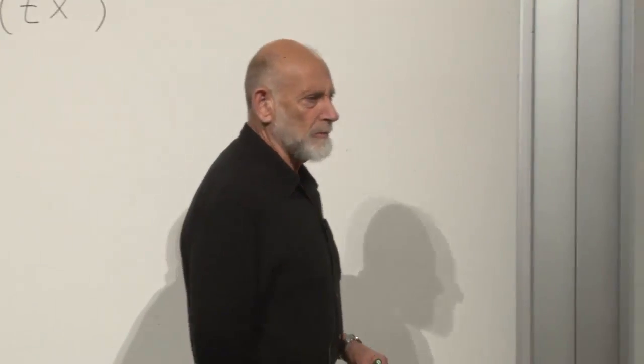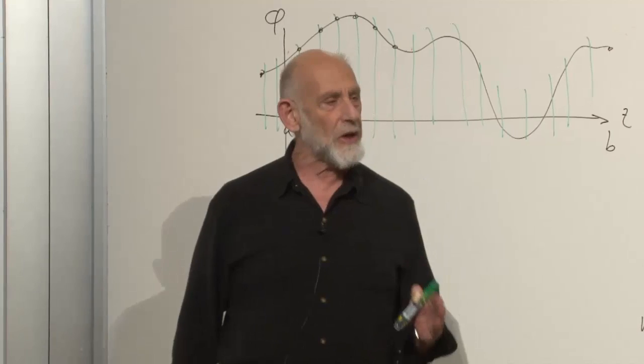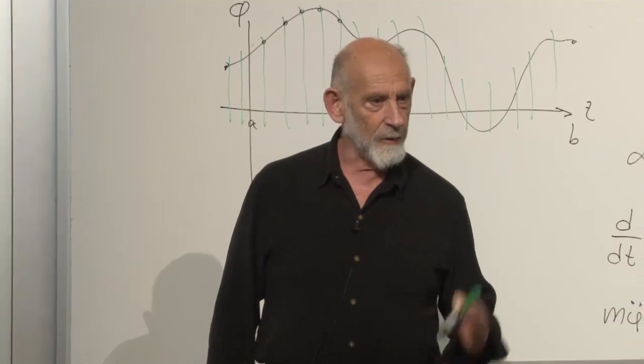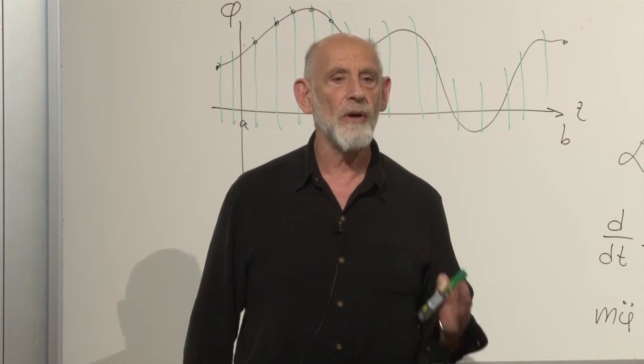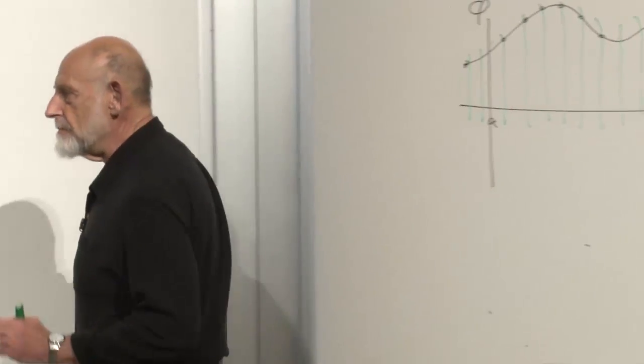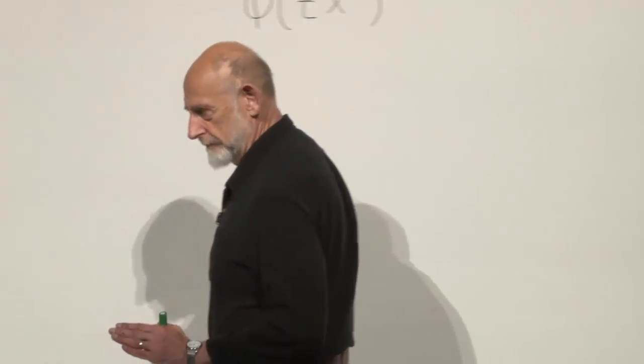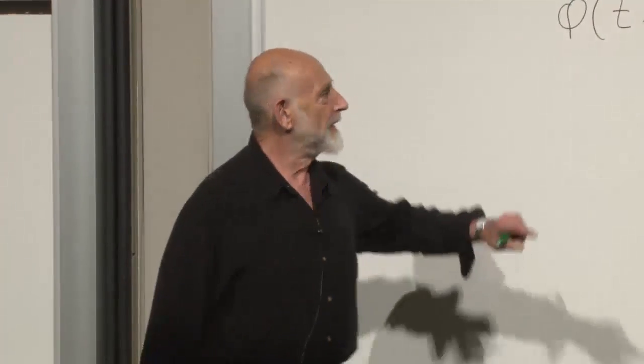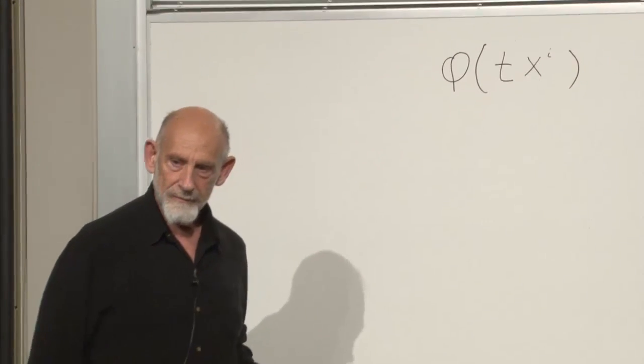0-dimensional space means a point, but what would the corresponding space-time be? It would have a time and no space. Imagine a world now with time and no space. Okay? And a field.